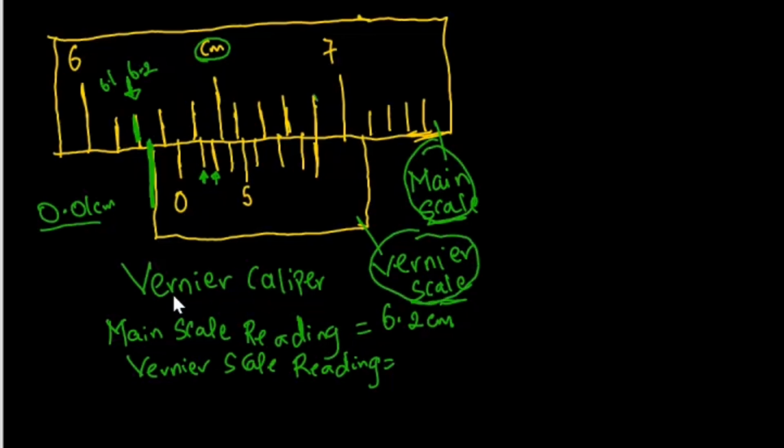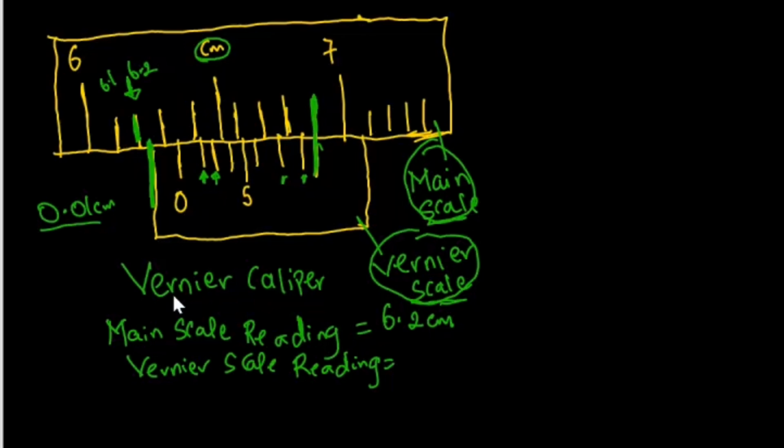Now if you look at this point, you find out that this main scale meets with the vernier scale at this point, so they form a continuous line at this point. But this one right here does not meet with any. So this is the one that meets directly with the main scale and vernier scale.